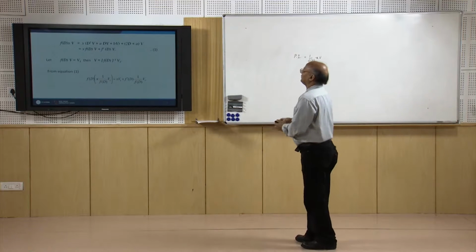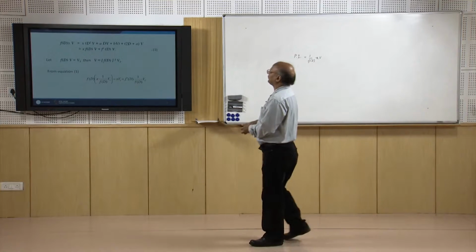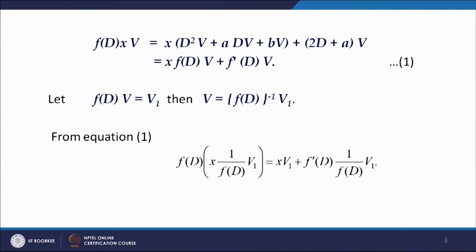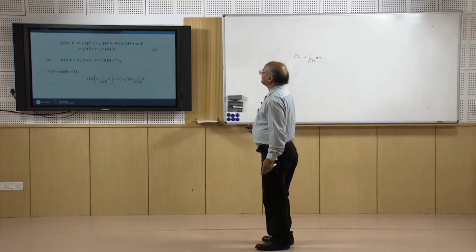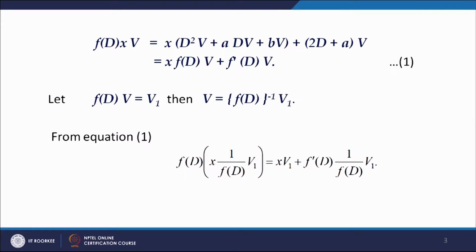So, when you apply the inverse operator 1 over f(D) on this equation, f(D) v equal to b1, we get v equal to 1 over f(D) operating on b1. Now, let us put the value of b as 1 over f(D) operating on b1 in this equation. So, we get f(D) operating on x into 1 over f(D) b1 equal to x b1, because f(D) b is b1. So, x into b1, and then f'(D) operating on b, which is 1 over f(D) b1.